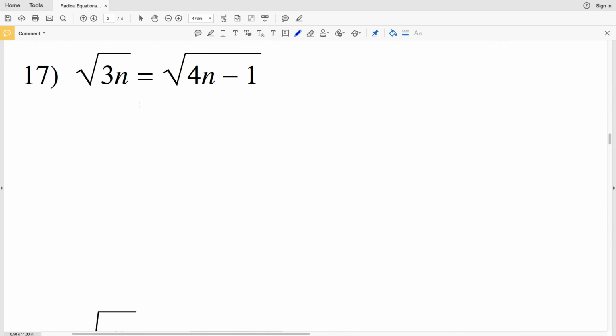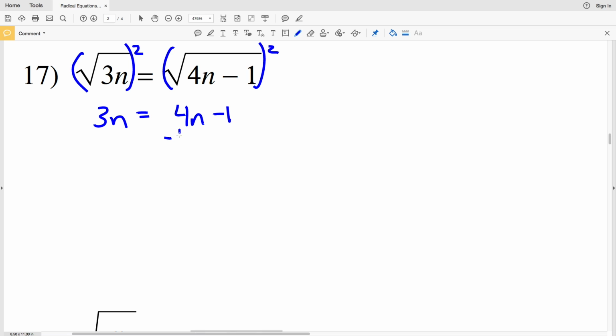So for number 17, we have the square root of 3n equal to the square root of 4n minus 1. We're going to start by squaring both sides. When we do that, we're going to cancel out or counteract each radical. So the square root of 3n squared will be 3n, and the square root of 4n minus 1 squared will be 4n minus 1. Now we're going to solve this equation.